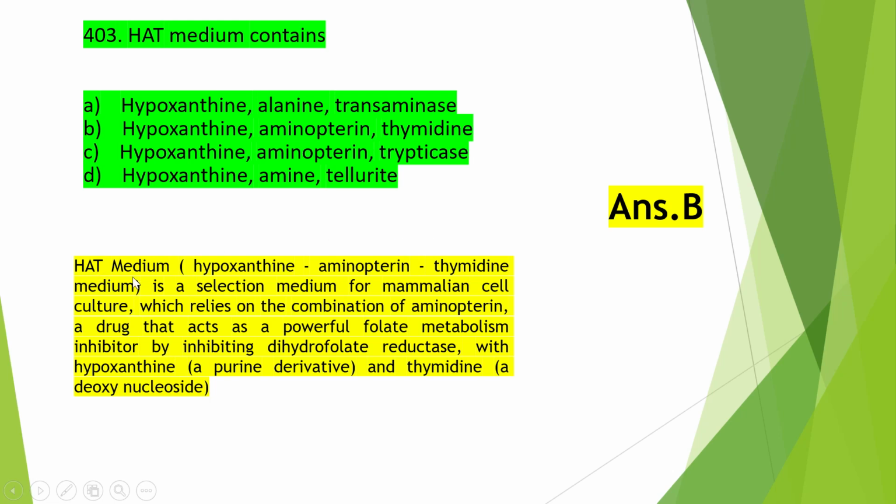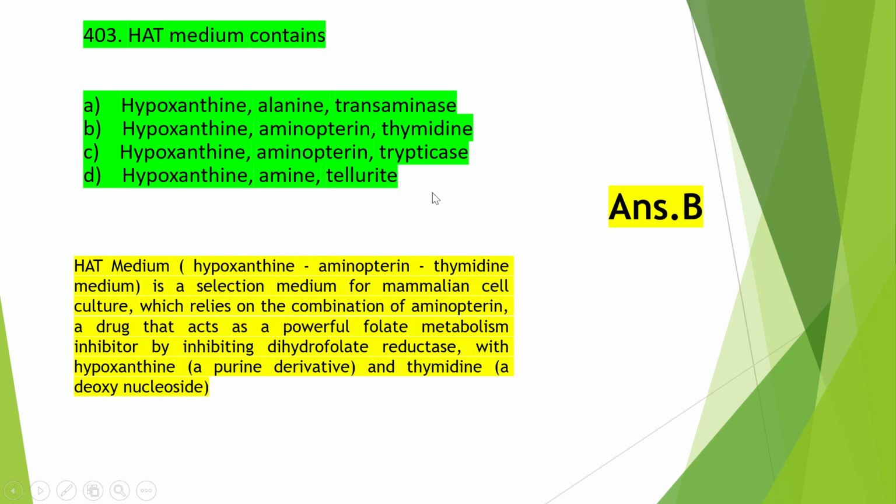HAT medium is a selection medium for mammalian cell culture which relies on aminopterin, a drug that acts as a powerful folate metabolism inhibitor by inhibiting dihydrofolate reductase. Hypoxanthine is a purine derivative, and thymidine is a deoxynucleoside.